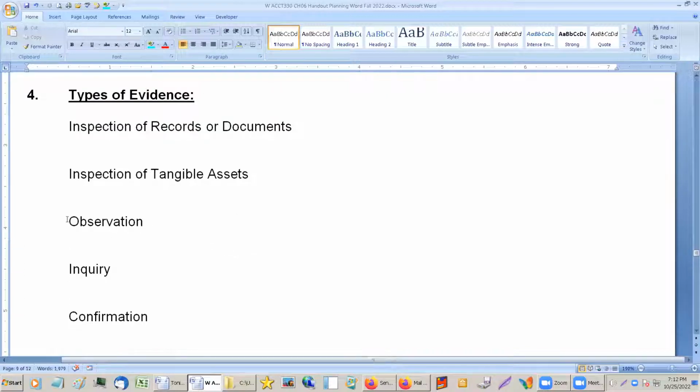But I'm going to go through a few of these and just kind of go through which ones are usually the ones that are a little bit better. Inspection of records and documents, that's what people think about when they think about auditing, but there are a lot of other things that we do.